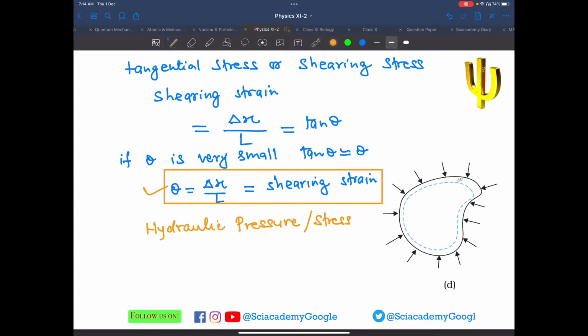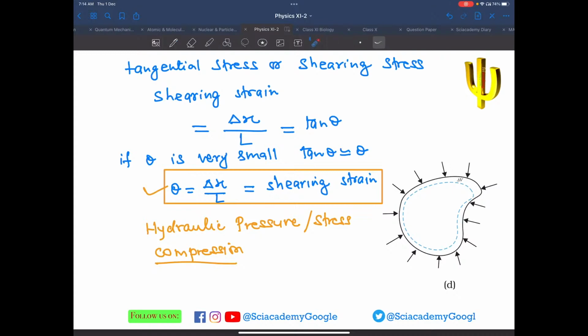So, hydraulic compression is because of the fluid pressure, and that acts always perpendicular to every point of the body. And because of this hydraulic compression, there is a decrease in the volume without any change of its geometrical shape.